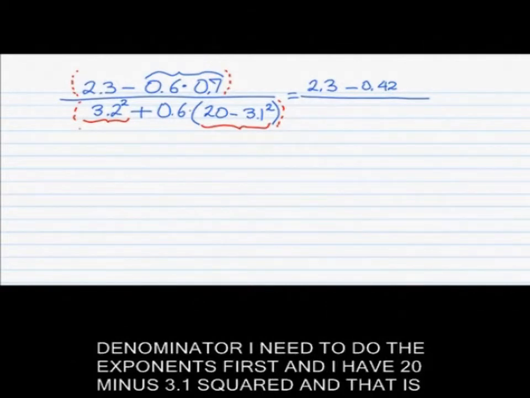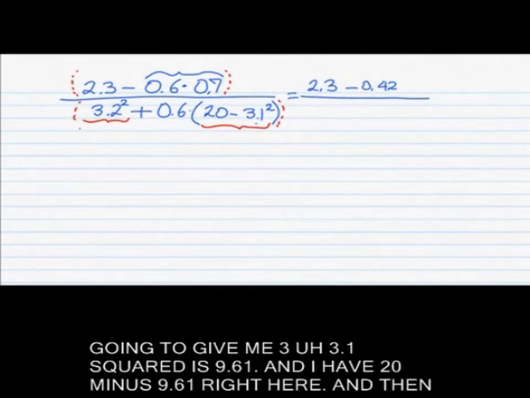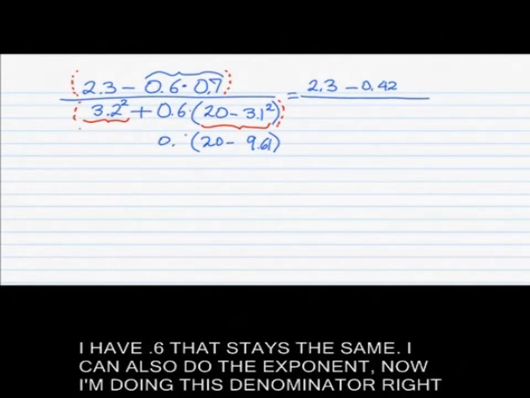In the denominator I need to do the exponents first, and I have 20 minus 3.1 squared. 3.1 squared is 9.61, and I have 20 minus 9.61 right here, and then I have 0.6 that stays the same.